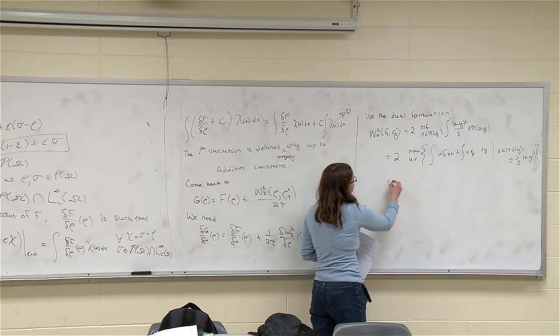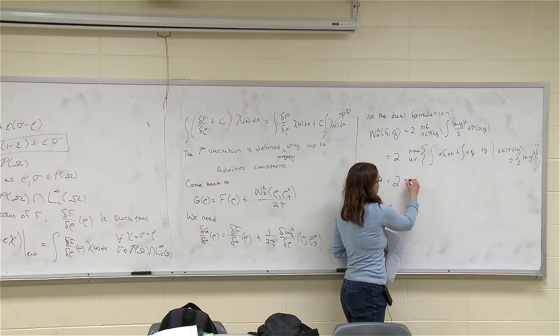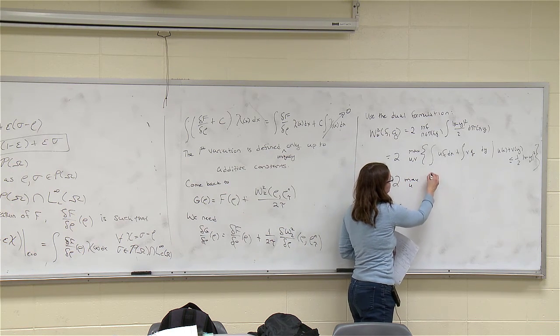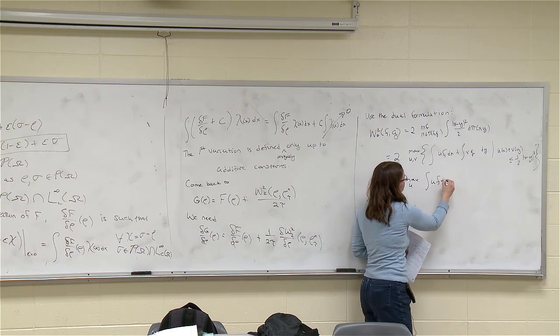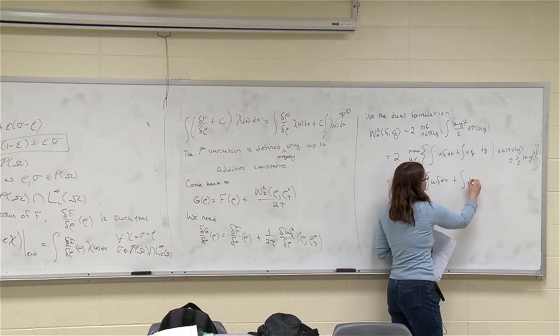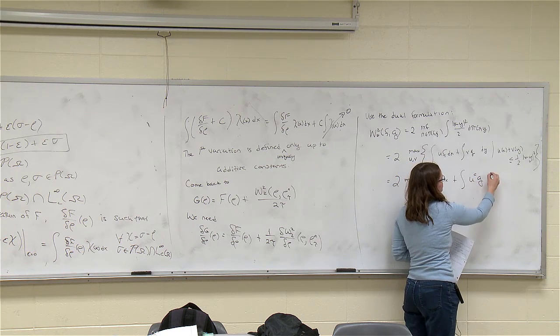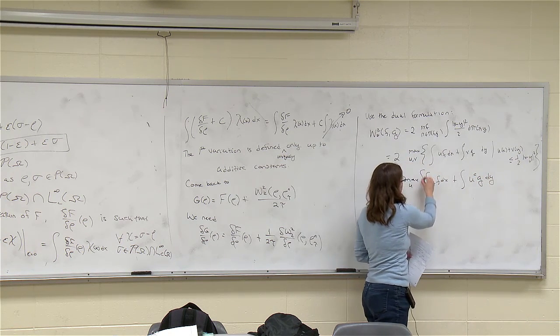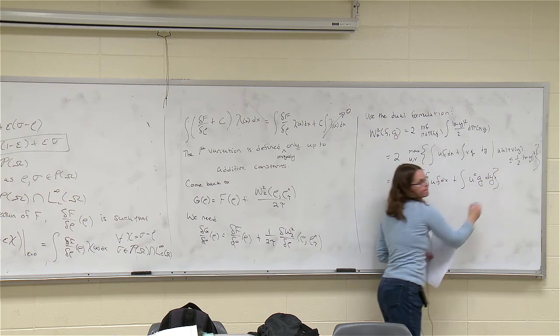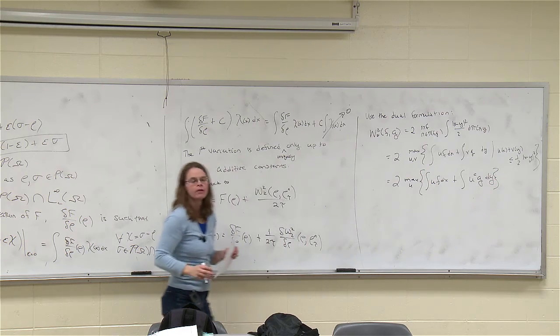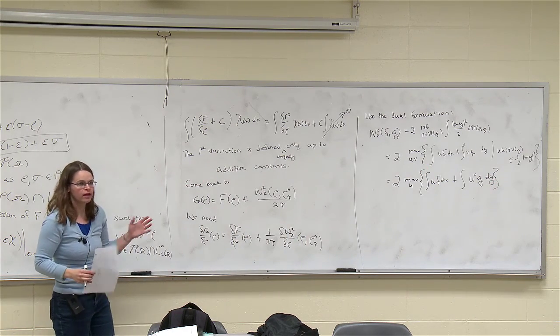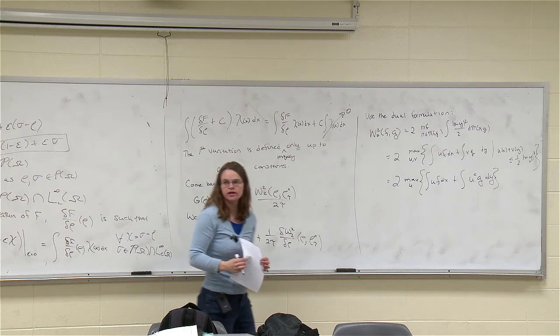So I could alternatively write this as 2 times the maximum over all u of the integral of u times f plus the integral of the u c-transform times g. And now, okay, this is an unconstrained problem, which is great.